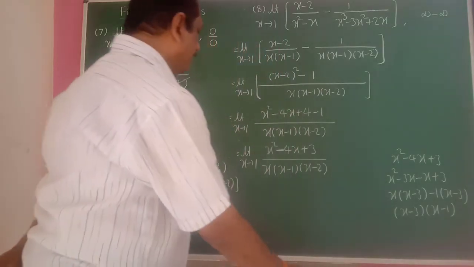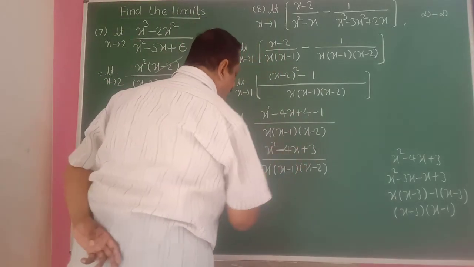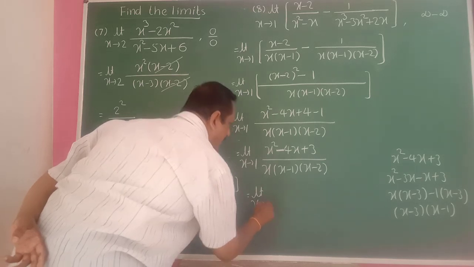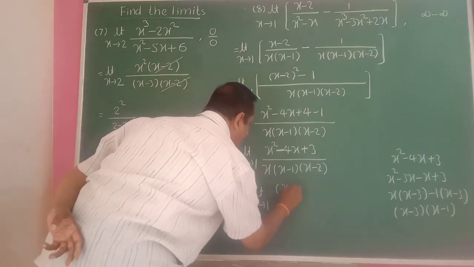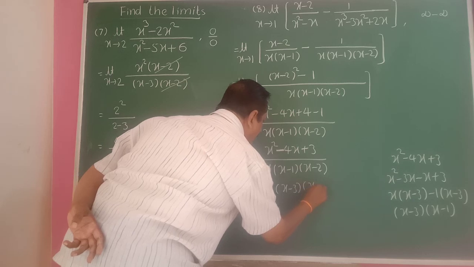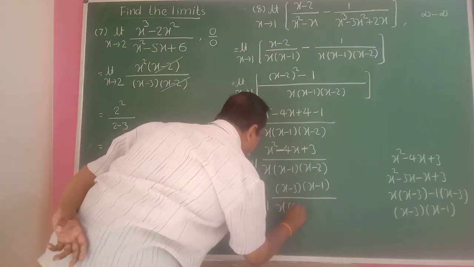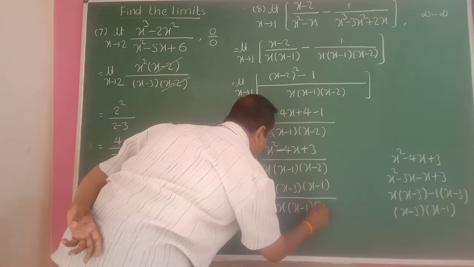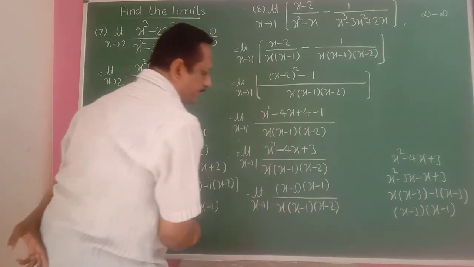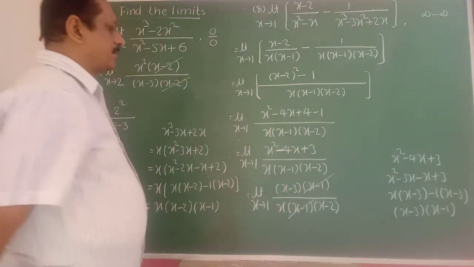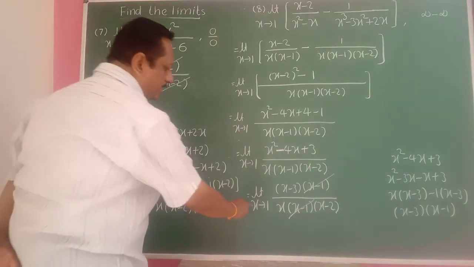Therefore in the numerator, limit of x tending to 1, x minus 3 into x minus 1 divided by x into x minus 1 into x minus 2. This x minus 1, this x minus 1 can cancel. Put directly x value 1.